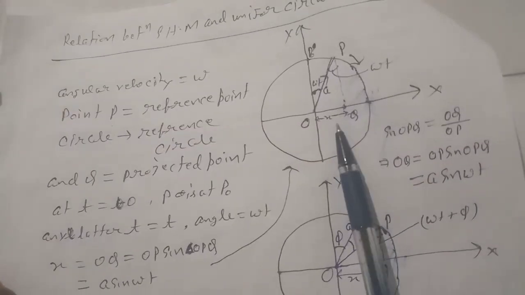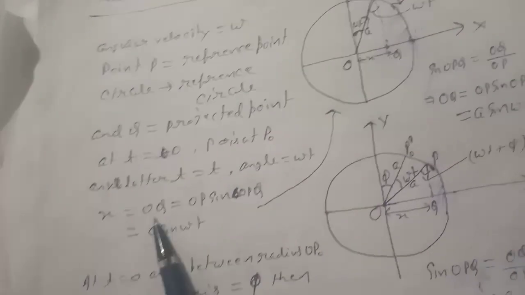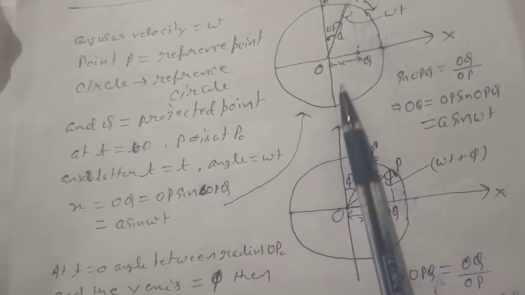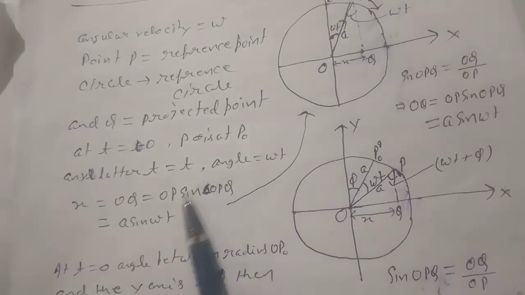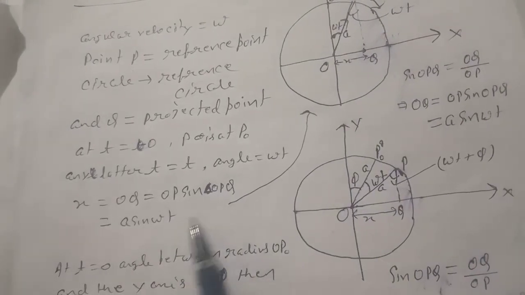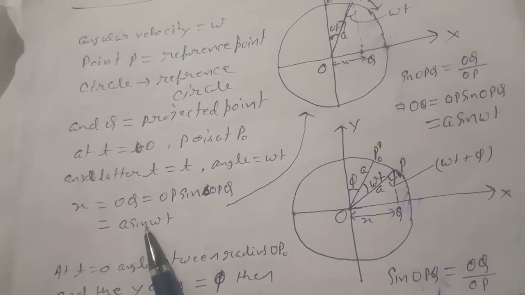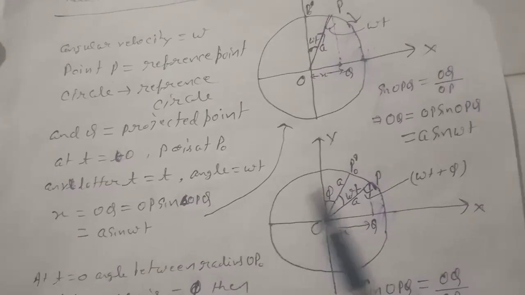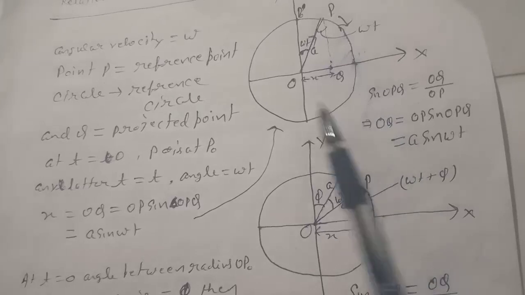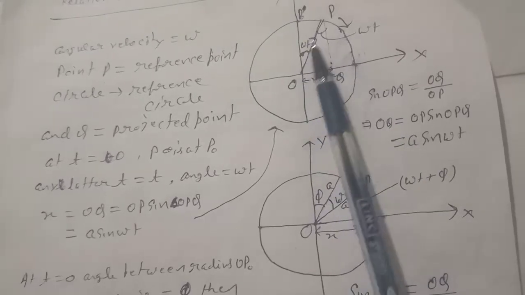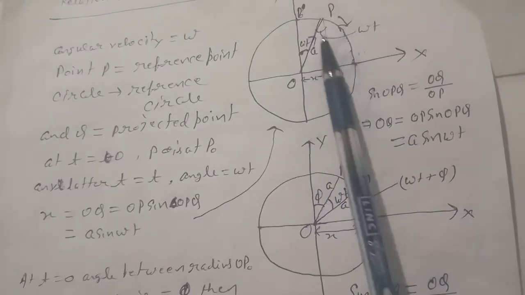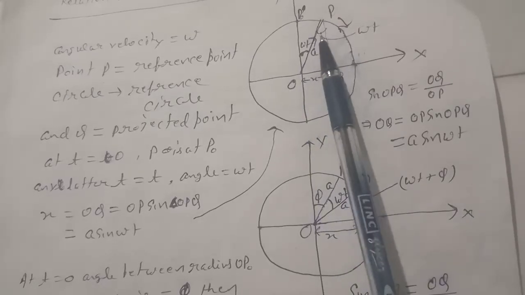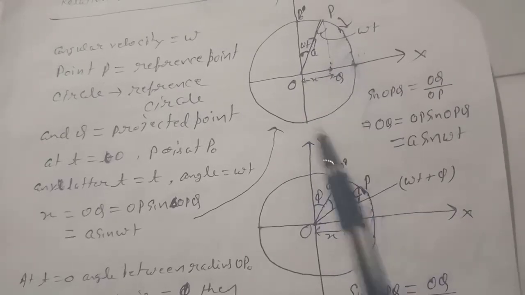x equals OQ equals OP sine OPQ equals A sine omega t, because this angle OPQ is omega t, an alternate angle.